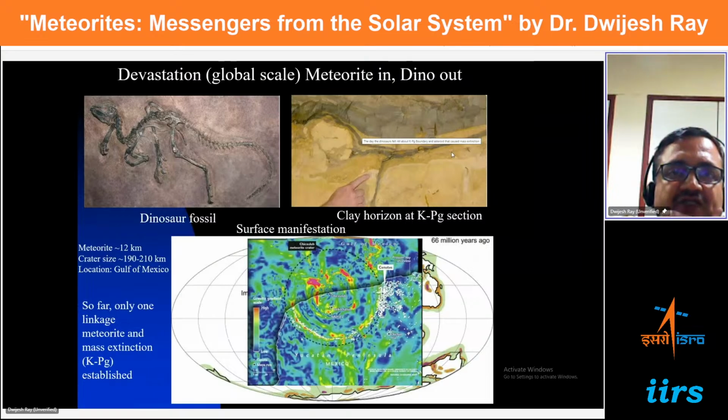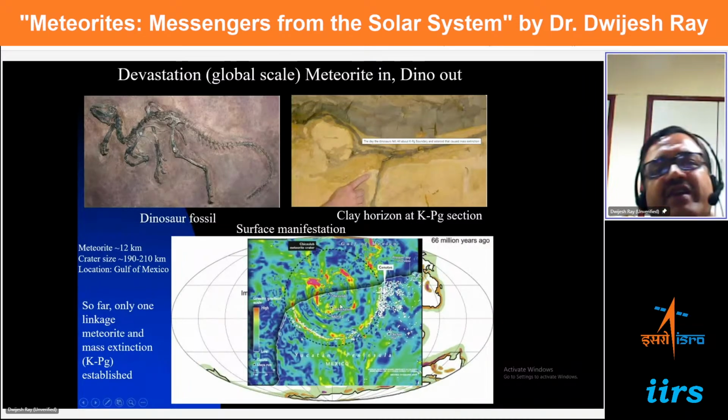This is actually the crater I was talking about, the Chicxulub crater, and it is in the offshore of Mexico. So this is not an impact on land. It is on the sea floor, meaning a coastal area, you can say a subsea floor area. The total diameter is around 190 to 200 kilometers.